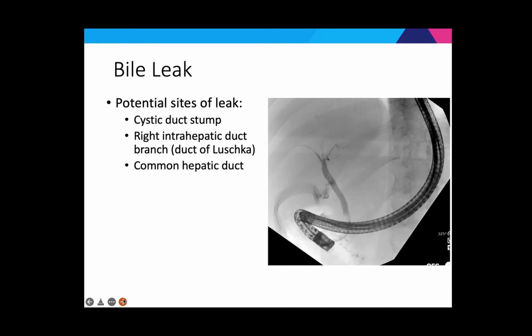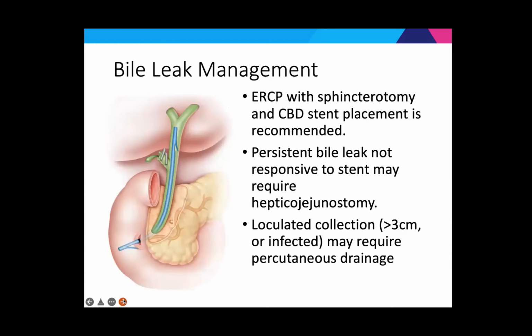So how do we treat this? We treat this with ERCP with sphincterotomy and stent placement. This helps because there's a muscle sphincter right here at the tip of the bile duct at the entryway of the duodenum. So by doing a sphincterotomy, cutting this muscle, it increases the flow of bile from the liver into the duodenum.